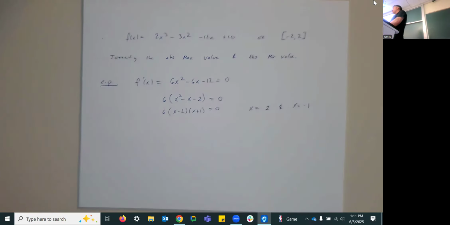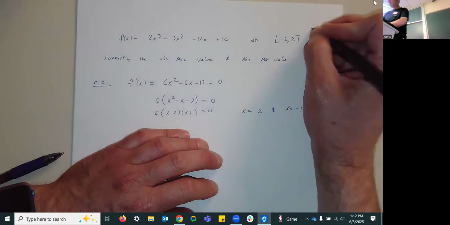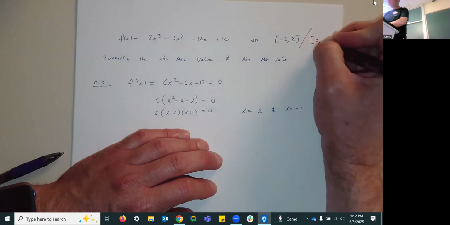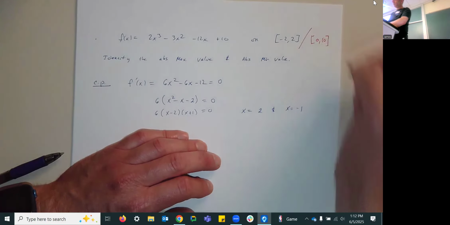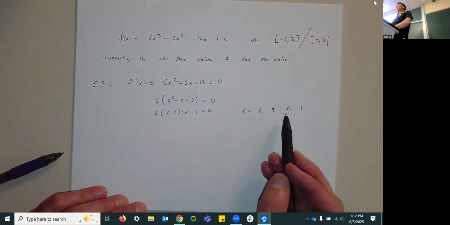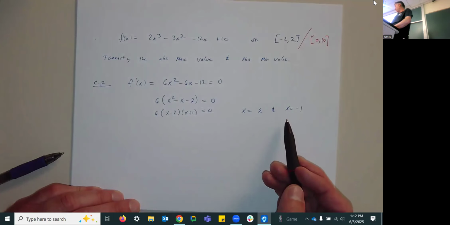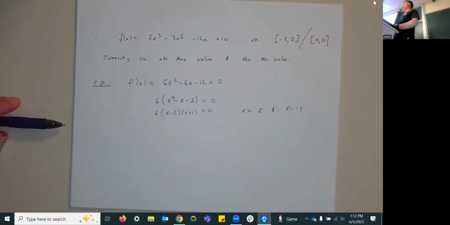Now I want to point out, if instead I had made up a different problem and said the interval was, say, 0 to 10, we wouldn't use both of those critical points because negative 1 isn't in the interval. So definitely be careful when you're finding absolute maxima and minima on a closed interval, which is almost always the case.